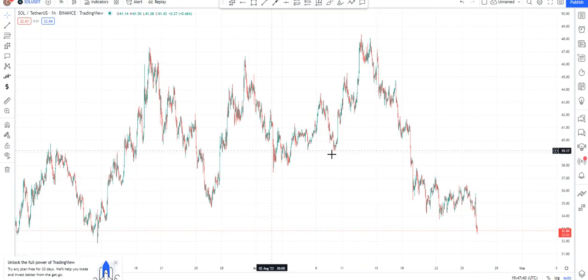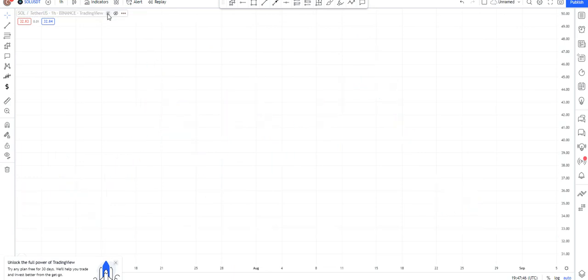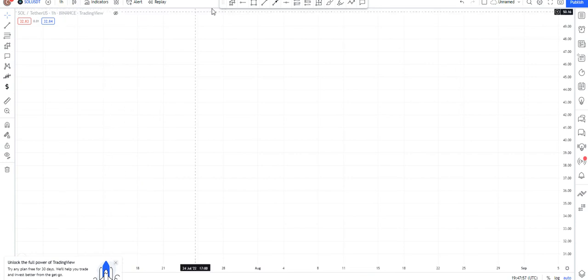So let's assume we have a trend moving like this. Let's say we have a downtrend.